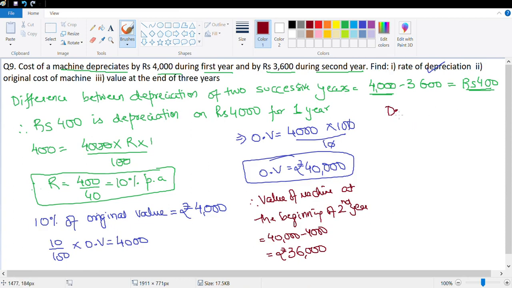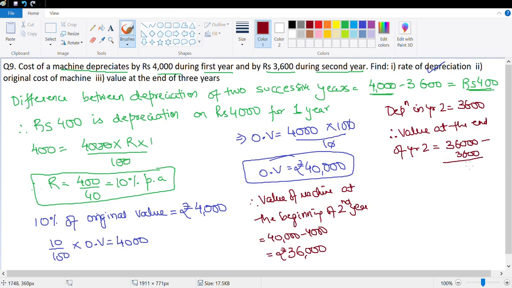Now, depreciation in year 2 was equal to 3,600. Therefore, value at the end of year 2 or beginning of year 3 would be 36,000 minus 3,600, which will be equal to 32,400.